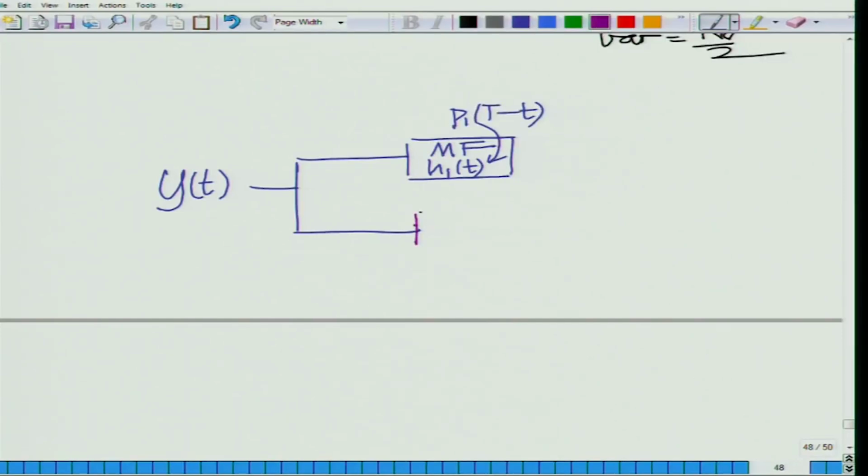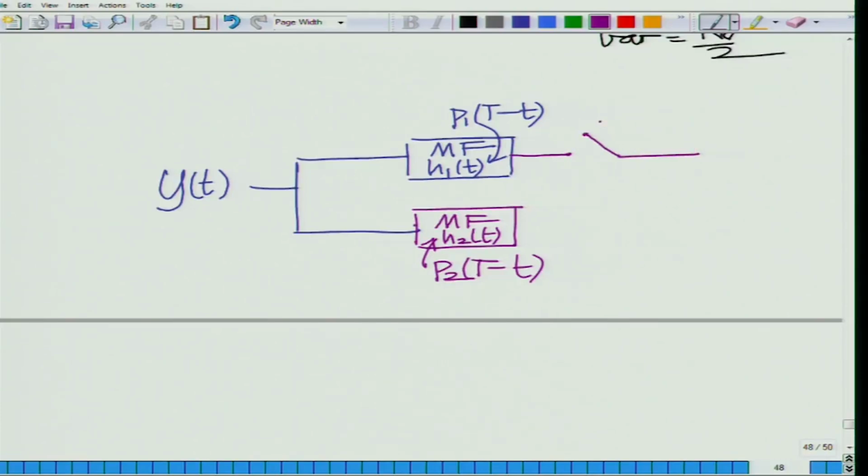This second branch you match filter with H2(t), correct? This is equal to P2(t minus t), followed by sample at t equal to t.